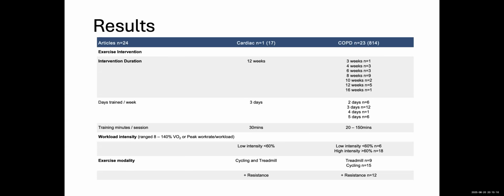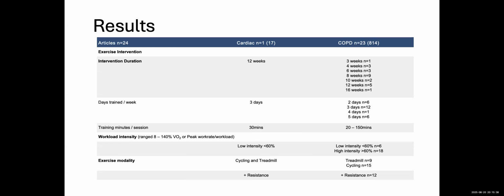Now, the exercise interventions that we found, there's significant heterogeneity in those. Most of the studies, as you can see in the intervention duration, were around that 8 to 12 week duration, with some shorter at 3 weeks. Most of them completed 3 days per week of training.